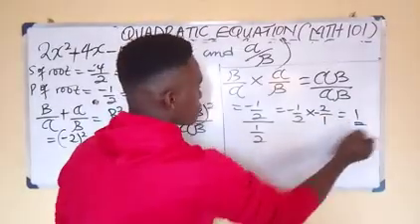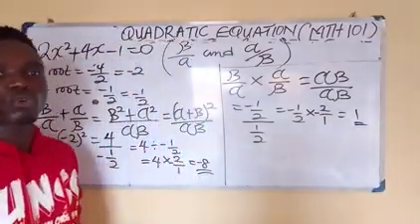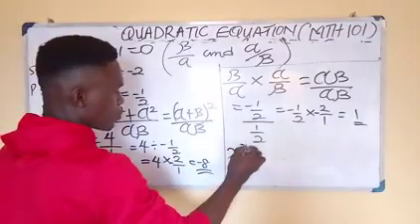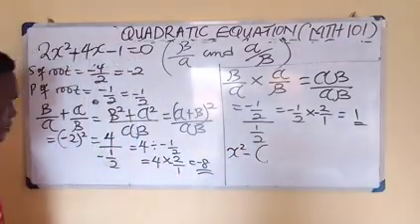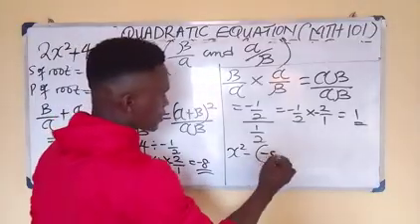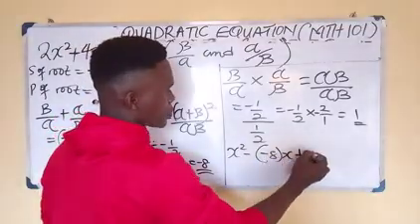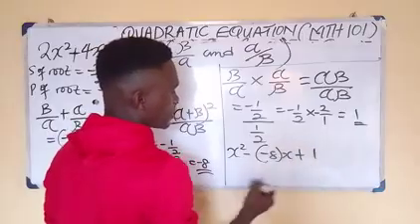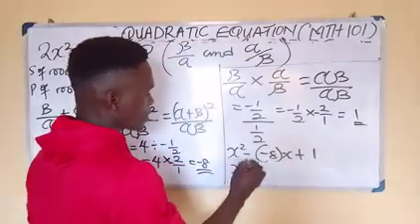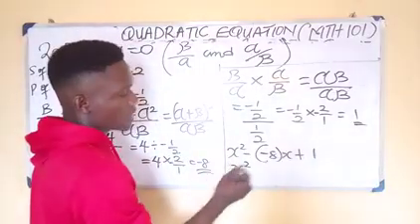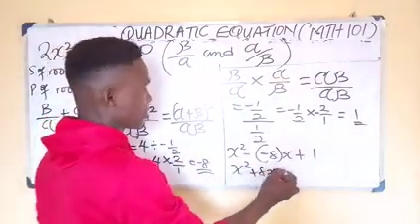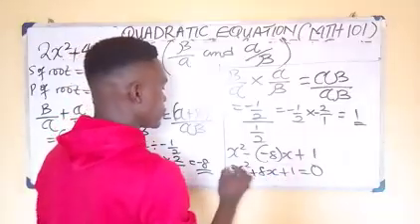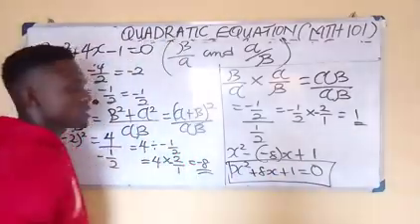So I have positive 1. So the new quadratic equation becomes s squared minus the sum of roots, minus minus 8s, plus 1. So I'll have s squared plus 8s plus 1 all equal to 0. So at this point, we'll call it a day.